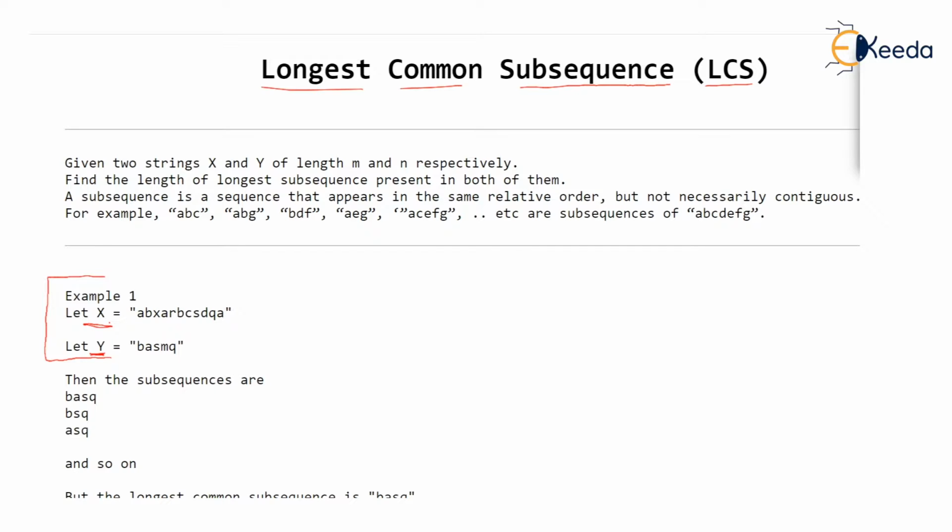Now, you might know one problem called the substring problem. In the substring problem, what is done is that we find out whether the sequence given in Y, here it is BASMQ, is that sequence BASMQ appearing in the other string X exactly in the same sequence?